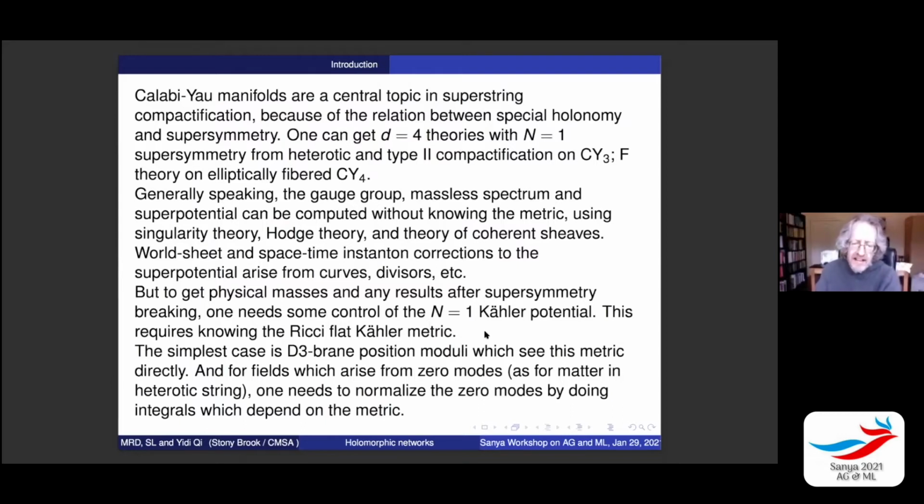And there's this whole class of both physical and mathematical questions for which we would like to know the Ricci-flat Kähler metric. Physically, anything that really depends on the Kähler potential, such as normalizations of fields and thus physical Yukawa couplings, we would need to know the metric to compute.